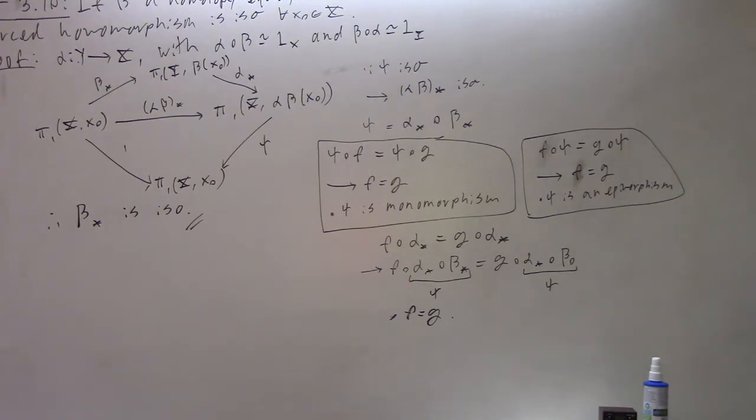Well, if you read Saunders Mac Lane, he distinguishes between an epic morphism and an epimorphism, but most people do not. I see. So I think for him, an epic morphism is a morphism that satisfies this criterion, whereas an epimorphism is a morphism in a concrete category where the underlying function is surjective.